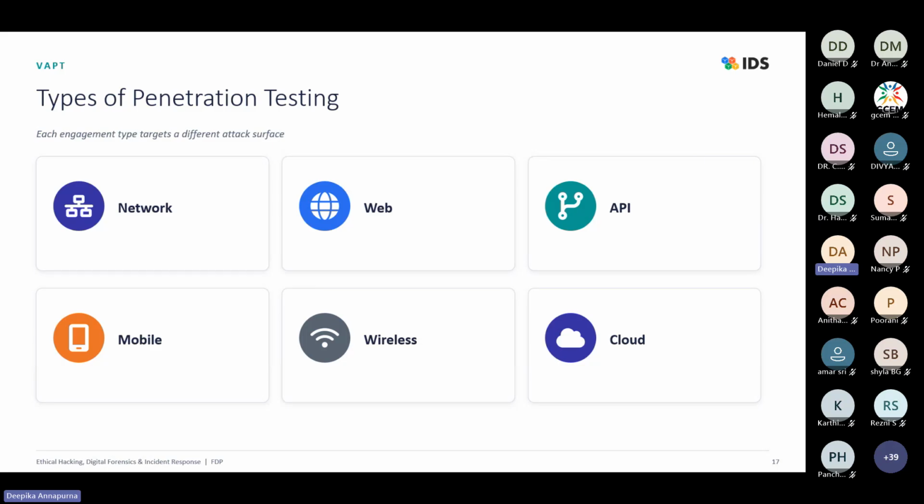What do you mean by cloud? Every data is stored in cloud, right? We discussed yesterday and the day before yesterday. Everything that comes under cloud, permissions, IAM permissions, and AWS. Nowadays, everything is in cloud, data stored. So these are the 6 types of penetration testing which we have.